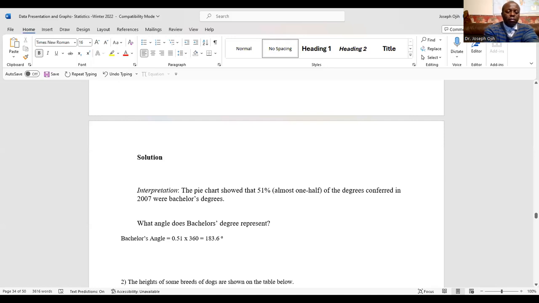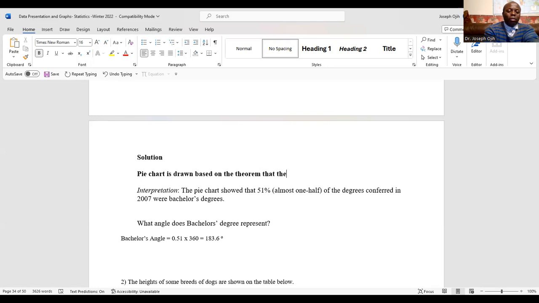A pie chart is drawn based on the theorem, actually it's geometry, I think, right? Yeah, geometry class, not trigonometry.